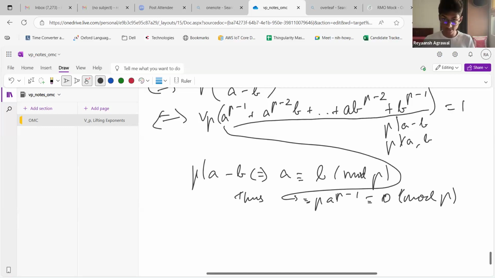So this is clearly divisible by P. Now we want to show that this is not divisible by P square, right? How do we do that?